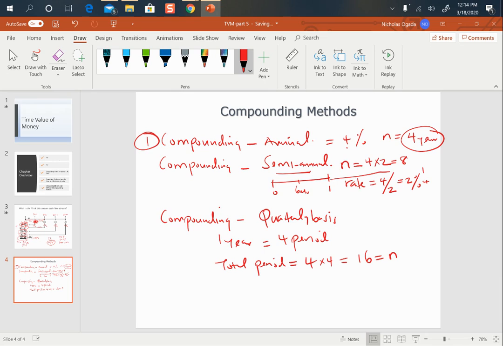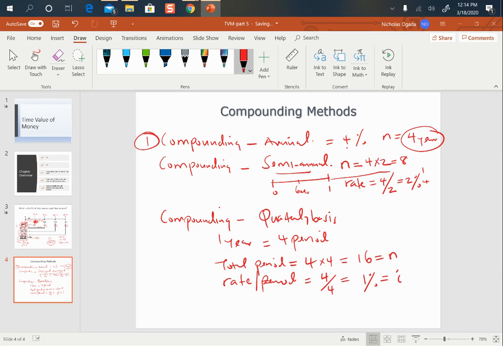Similarly, your rate is 4% per year, but because you have 4 periods per year, your rate per period will be 4% divided by the number of periods in a year, and therefore you end up having 1%, and this will represent your I in your computation.